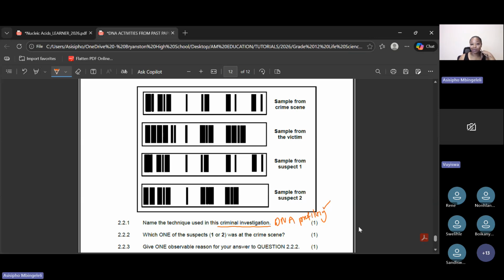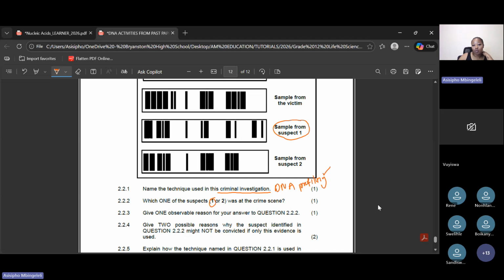Do we agree with suspect 1, guys? Yes, definitely suspect 1, because you are going to compare the profile from the crime scene with all the suspects. So there's actually 2 suspects, not all. Suspect 1 and 2, and it's definitely suspect 1.